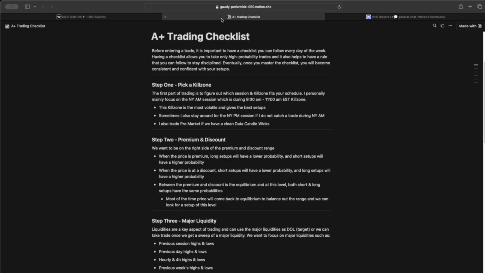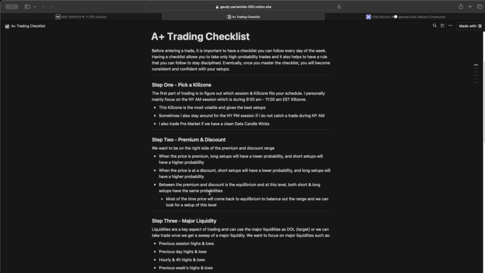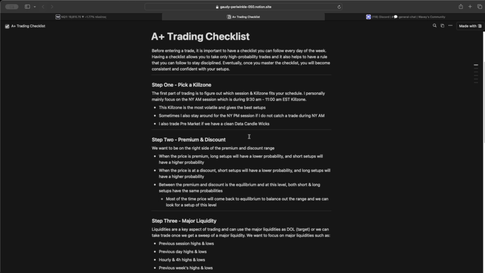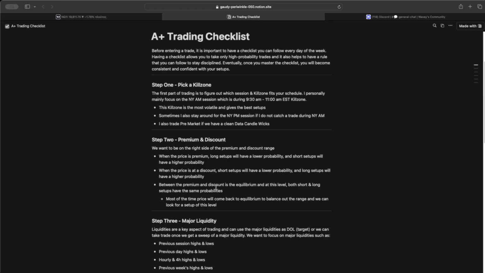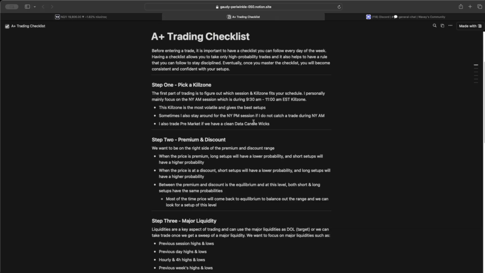Between these two areas, we have equilibrium, the middle point of that discount and premium range. When price is in discount, it tends to pull back into equilibrium to balance it out. And when price is in premium, it tends to pull back into equilibrium to balance the premium out.